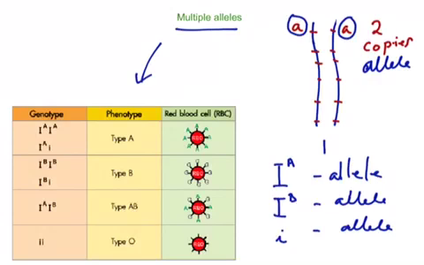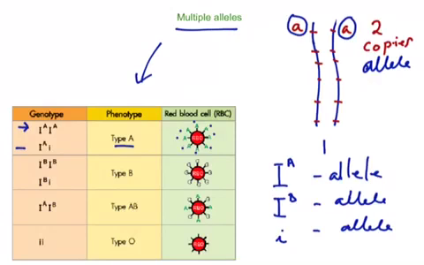So over here, let's have a look. If you happen to be a person that carries the genotype I big A I big A, as shown here, then you will be blood type A, which means that all of your blood cells will only have the marker protein, the recognition protein A, on their surface.